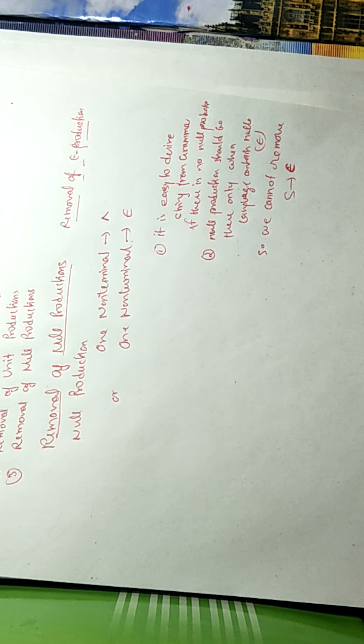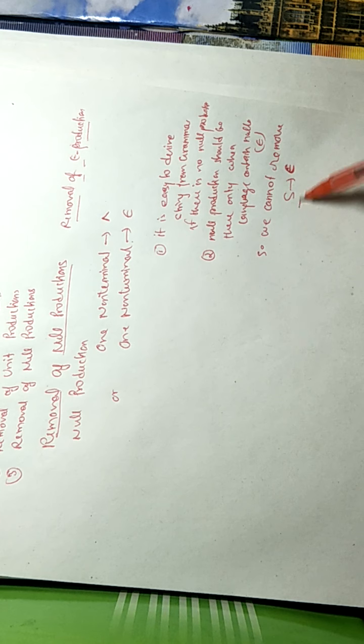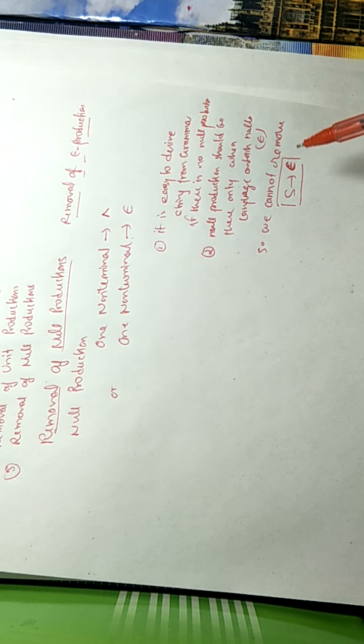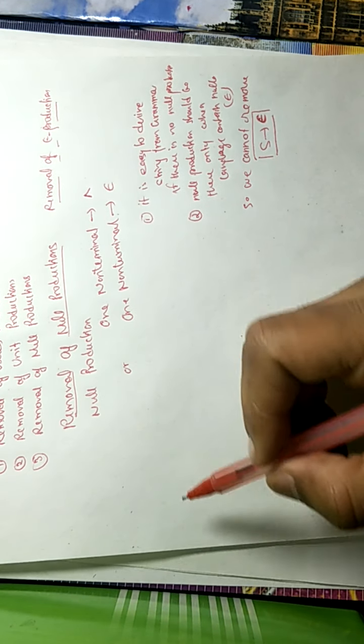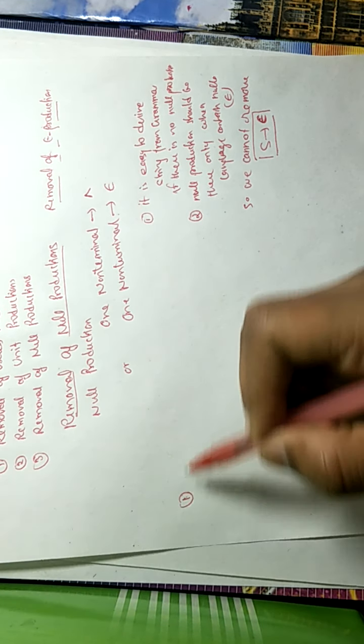But the simplification of context free grammar means that the language remains the same, but the grammar will be simplified, the grammar will reduce, but the language should remain the same. So we cannot remove this production, or we can remove all productions except this.